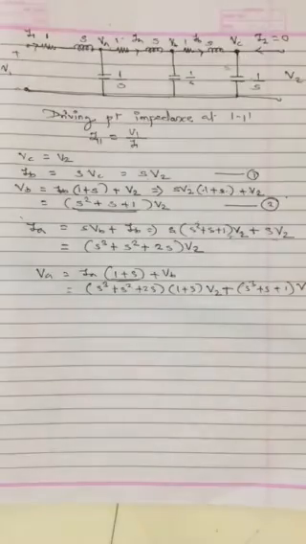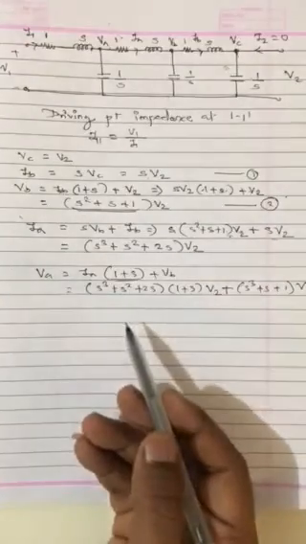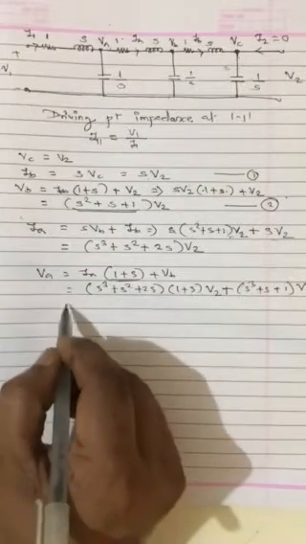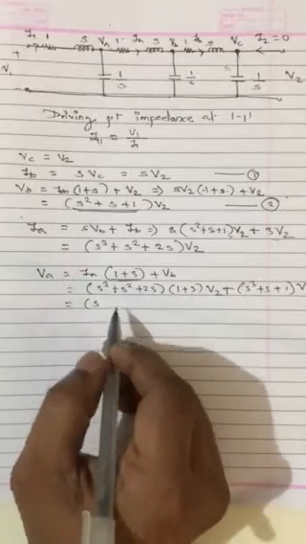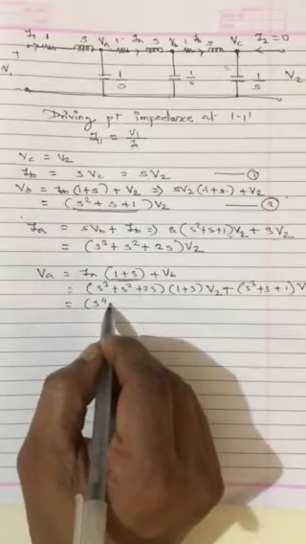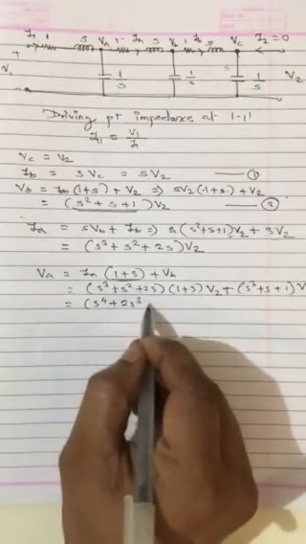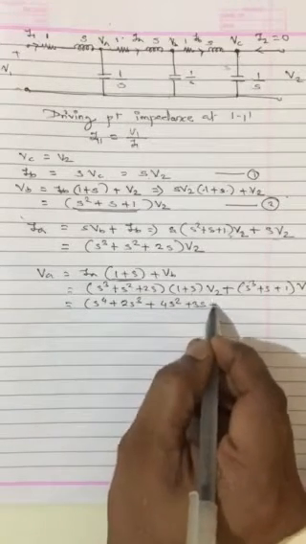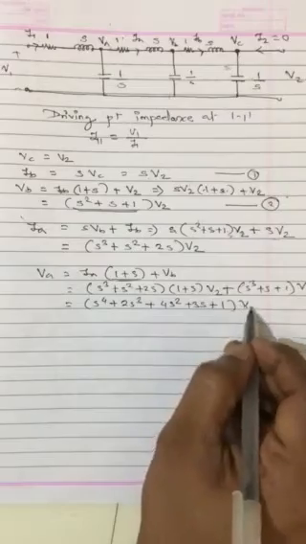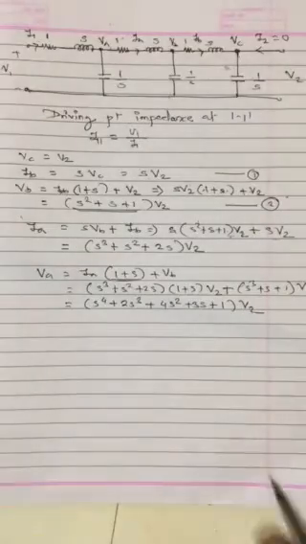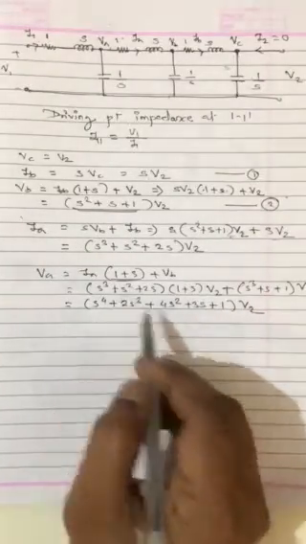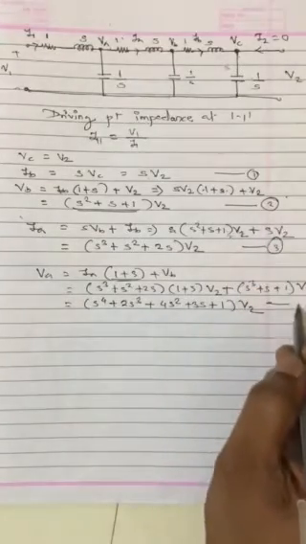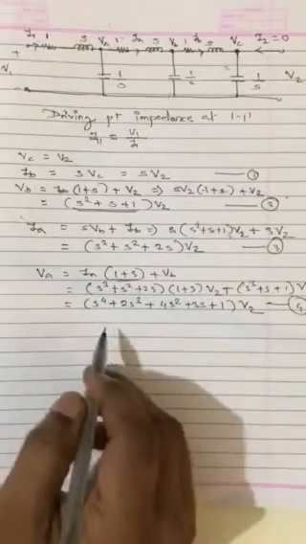So V2 is again common and we have to solve the bracket. Now you can solve this bracket on your own and you should get the answer as I have already solved: (s raised to 4 plus 2s cube plus 4s square plus 3s plus 1) V2. This should be your final answer, right? So this is VA. This is the third equation. This is the fourth equation. This is VA.